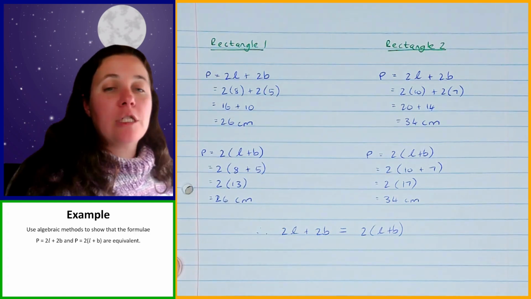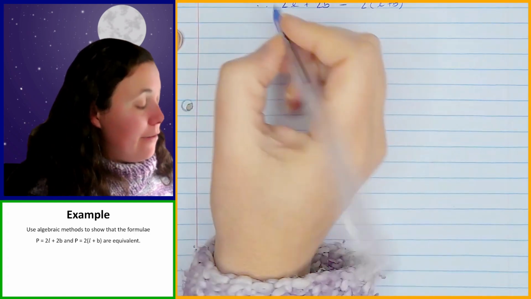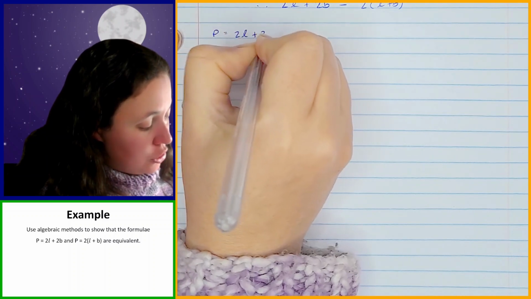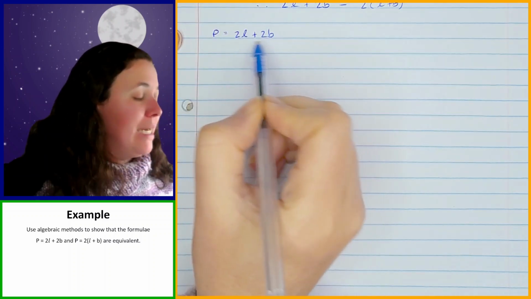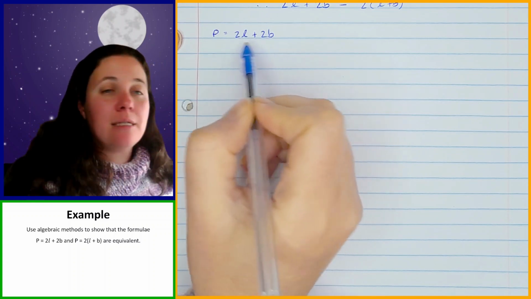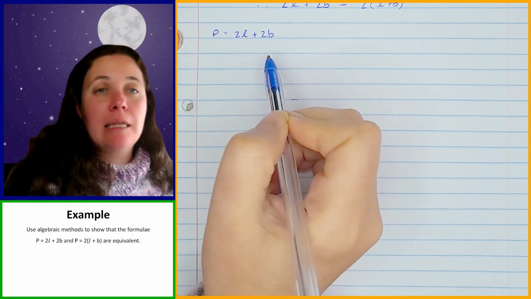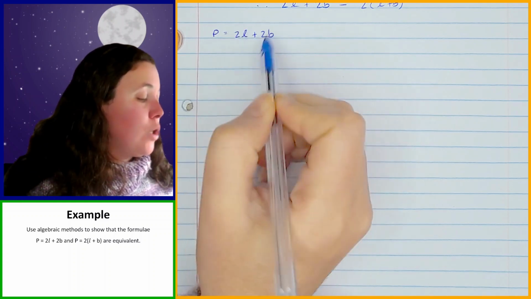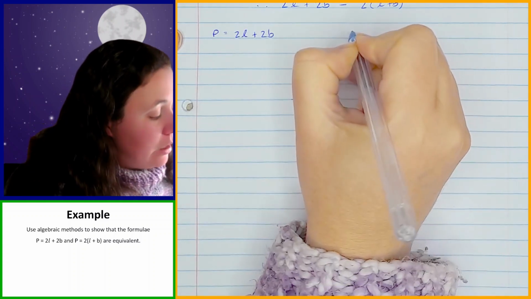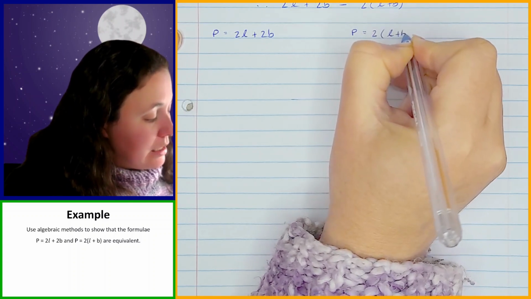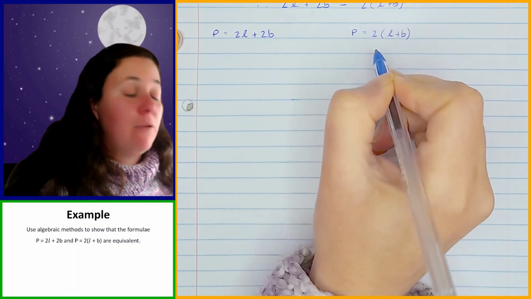So first I'm going to start with my first formula, perimeter is 2L plus 2B. Now I can't really do anything with this. It's already in the simplest form. I can't add anything, can't subtract anything, I can't multiply anything, I can't do anything more with this. But if you look at the second formula, P equals 2 and then in brackets L plus B, I can simplify this over here.